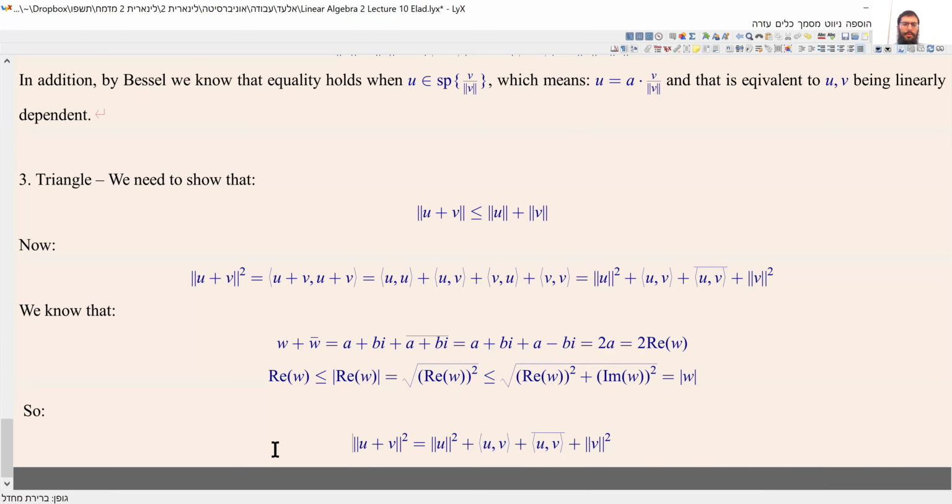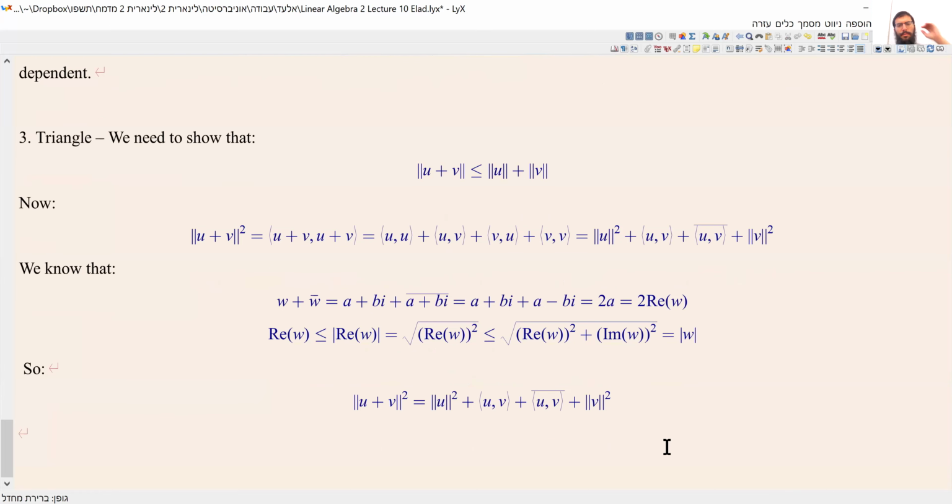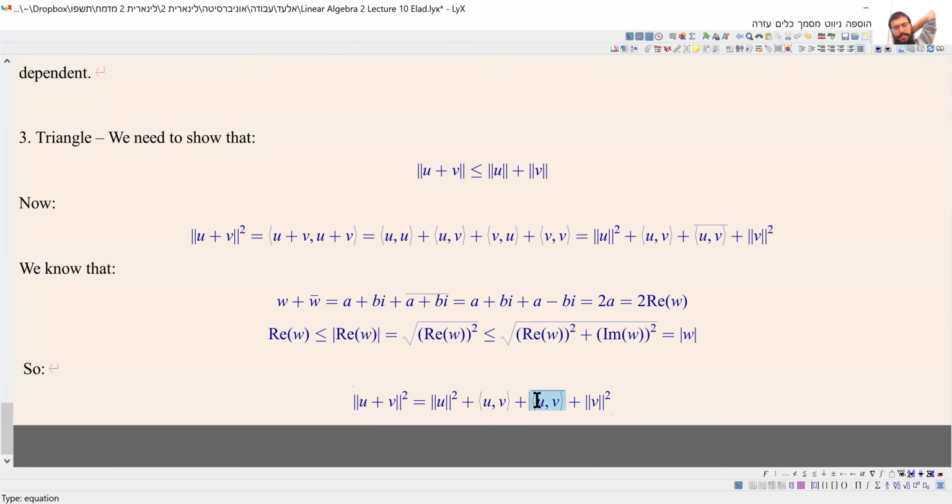Here, the product of u and v with its own complex conjugate is twice the real part of the product, and the real part is always smaller than the absolute value.